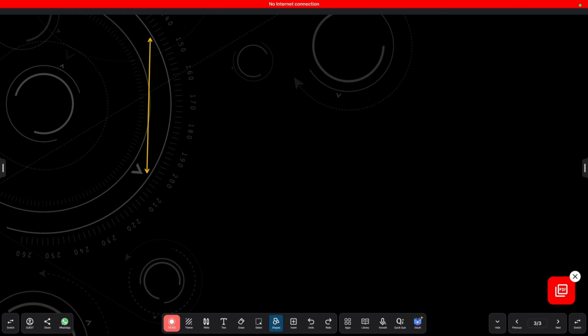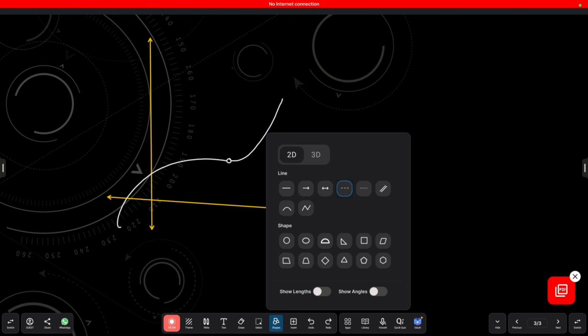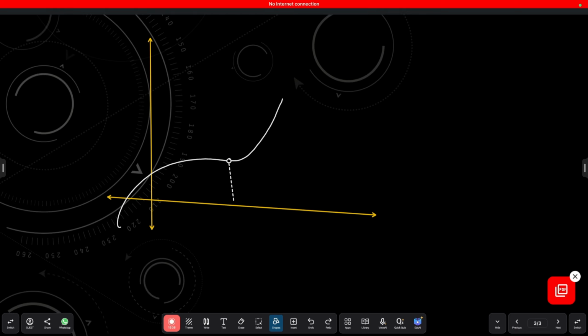Visualization. See, this is a graph, and if I say this point is A, then corresponding to this point, there is some value, let's say L. Can you see this graph?